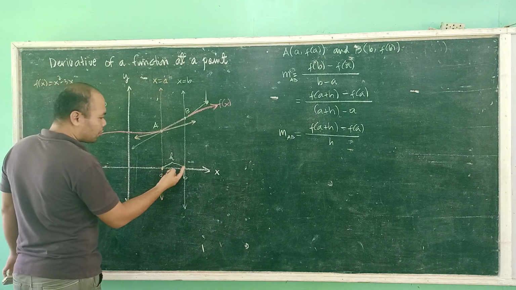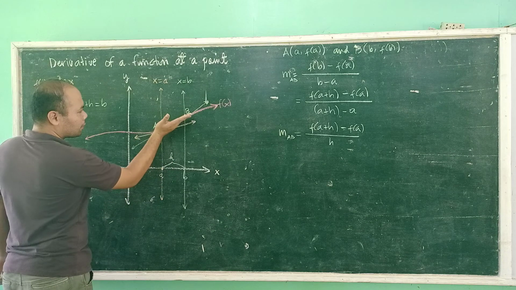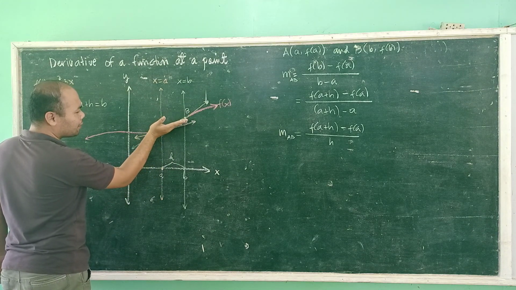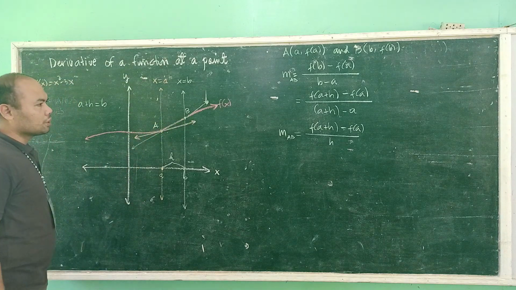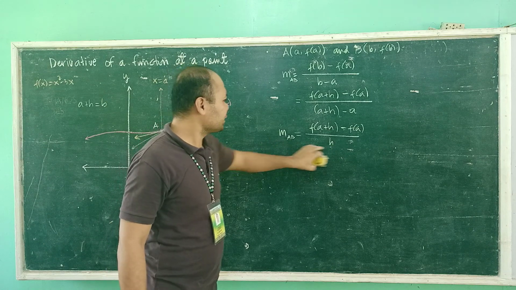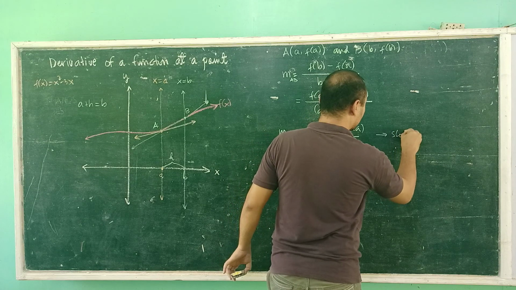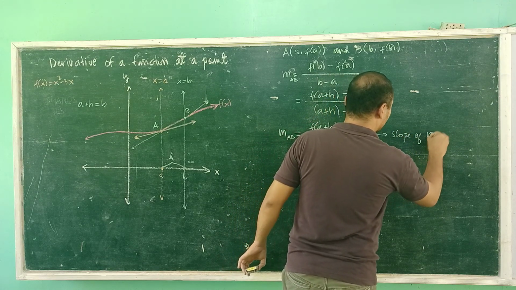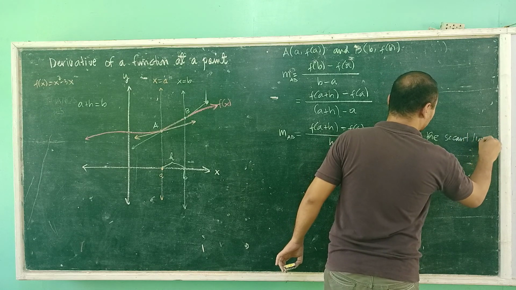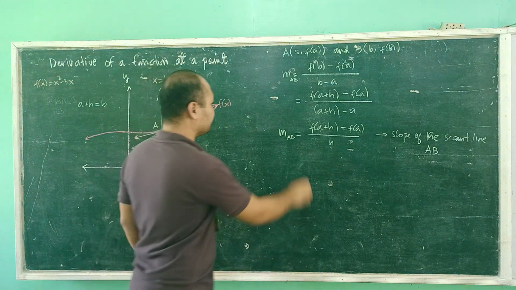Again, if we make our h positively small, that second line will eventually become the tangent line. So if we allow h to approach 0, this is the slope of the second line ab.